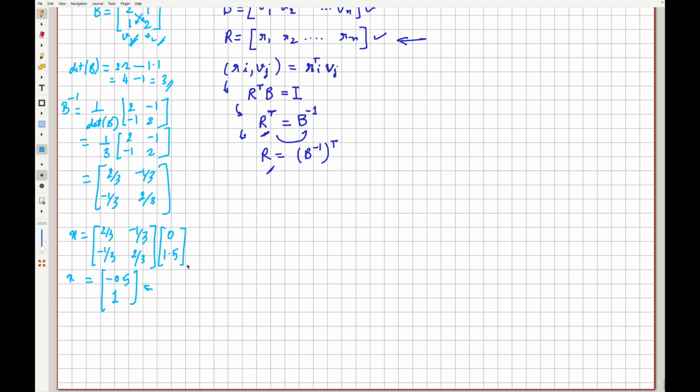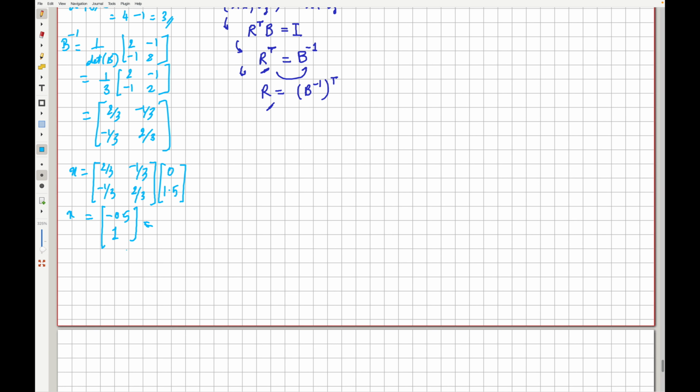Now what we can do is take these coefficients and put them in our equation for x. So what we are saying here is that this is x1, this is x2, and so when we look at our equation, vector x, if we expand it in terms of v1 and v2, then these are the coefficients it would need: 0.5 for x1 and 1 for x2.